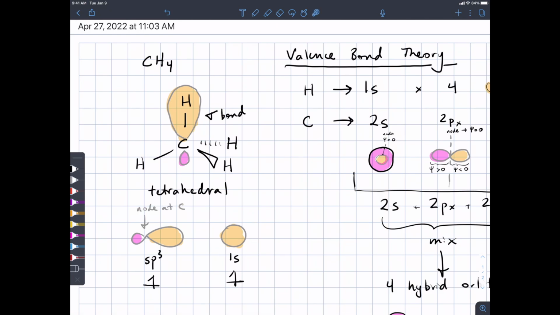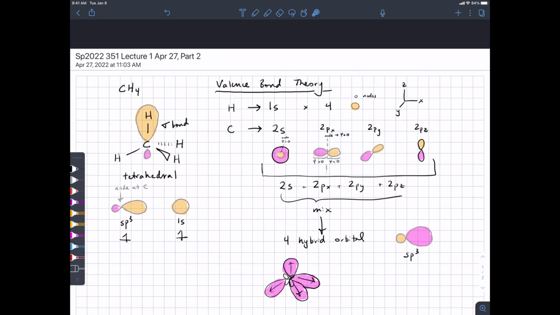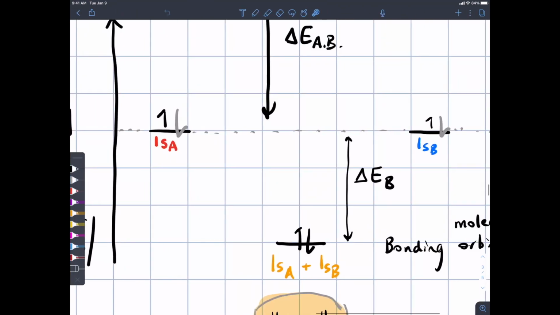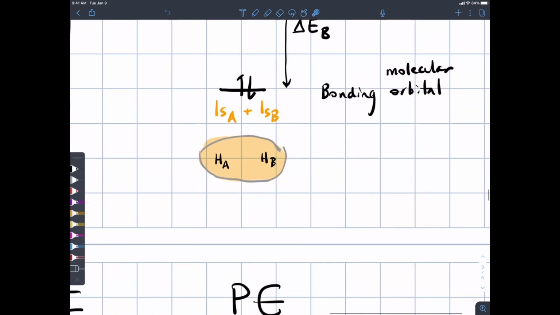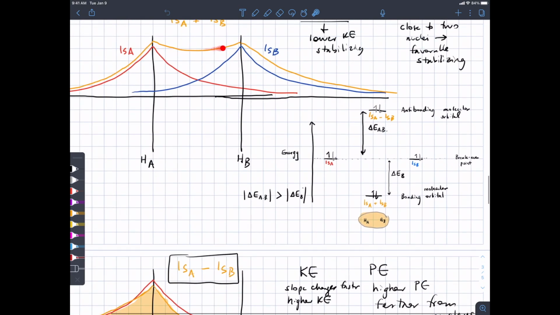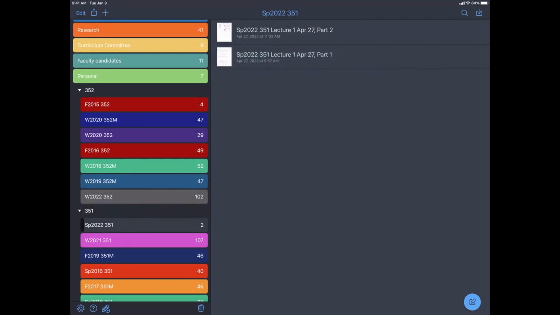And electrons in that sigma bond tend to be in between the two nuclei. Frankly, so far this picture is not that different from what we did with hydrogen in the first part of the class. This is a cylindrically symmetric orbital where the electrons would spend most of their time between the two nuclei, where they would have lower potential energy and lower kinetic energy. So same basic concept.